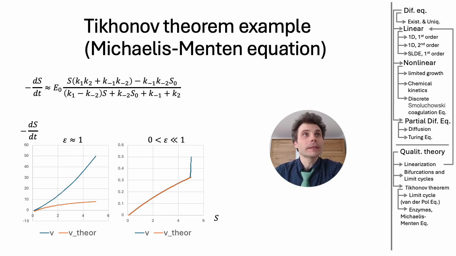Okay, fine. The derivation of this equation is a little bit more tedious than in the previous examples. And honestly speaking, it employs some other reasoning about this fast/slow kinetics, which I haven't touched.